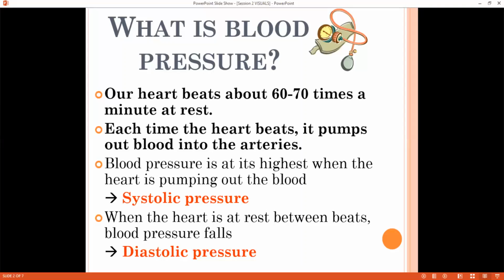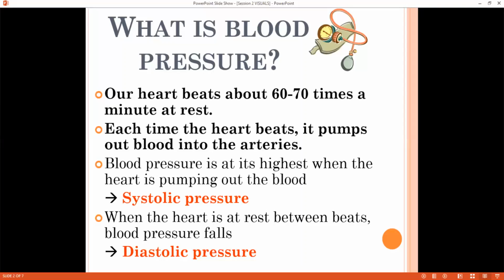Then it has an even harder time doing a good enough job pumping blood. High blood pressure is also called hypertension. You may see the term abbreviated as HTN or HBP. High blood pressure increases a person's risk of heart-related problems, including heart attack and stroke, because of the strain on the heart and the arteries.